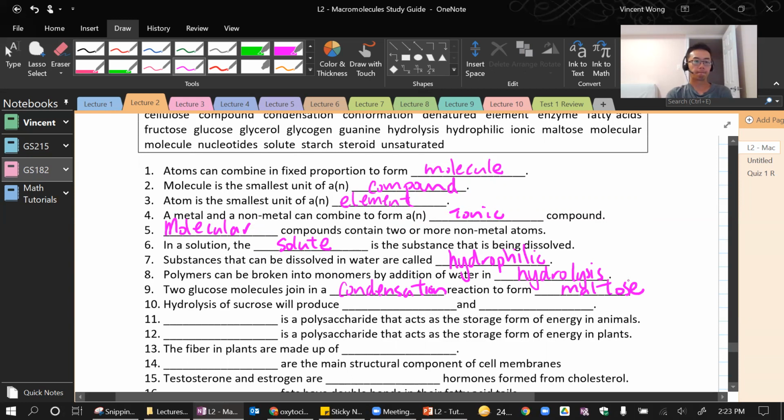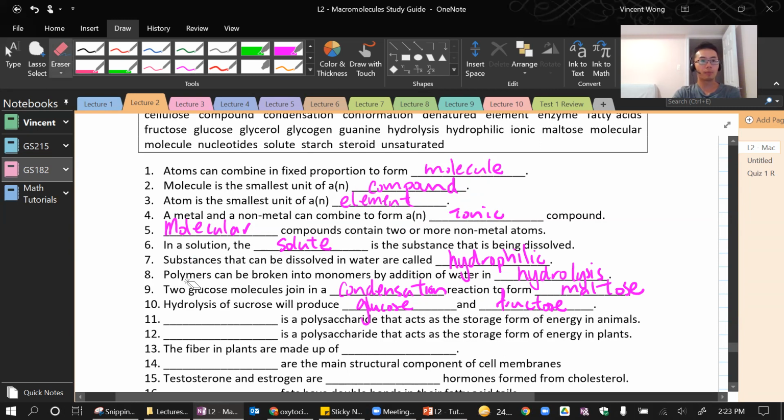Maltose. Hydrolysis, the breaking of sucrose, will produce glucose and, sorry, I'm reading what someone is saying. So glucose and fructose.